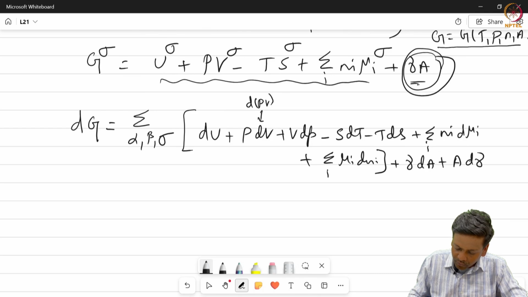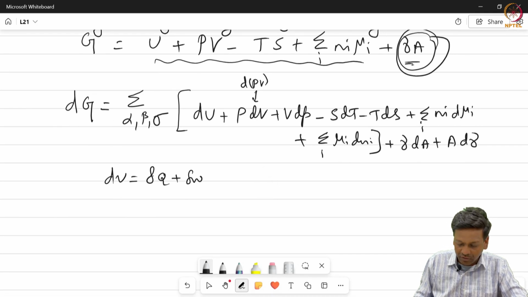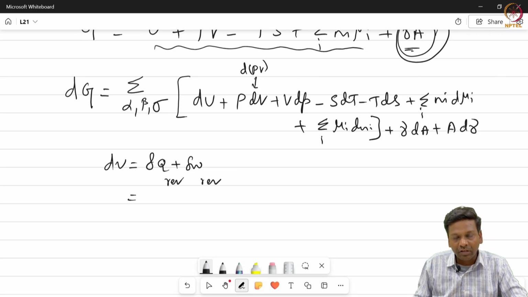So this is what we know. Now, from the first law of thermodynamics, we know the change in internal energy can be defined as del Q plus del W, which is the work done. Remember, for a reversible process, from the second law of thermodynamics, delta Q will be TdS.